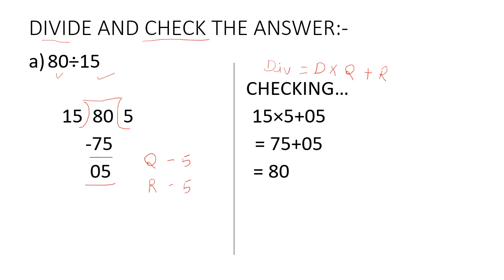So 80 will be equal to divisor 15, quotient 5 and remainder 5. So 15 times 5 is 75 plus 5, you get 80, which is equal to our dividend. That means our division is correct. We got the correct answer.